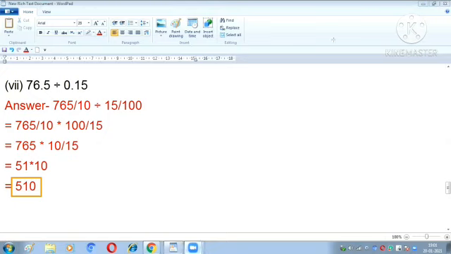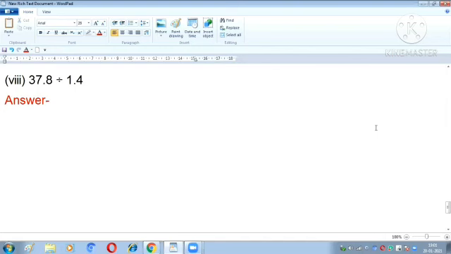So let's proceed to eighth bit. Friends, eighth bit is 37.8 divided by 1.4. So now we'll write 378 upon 10 divided by 14 upon 10.